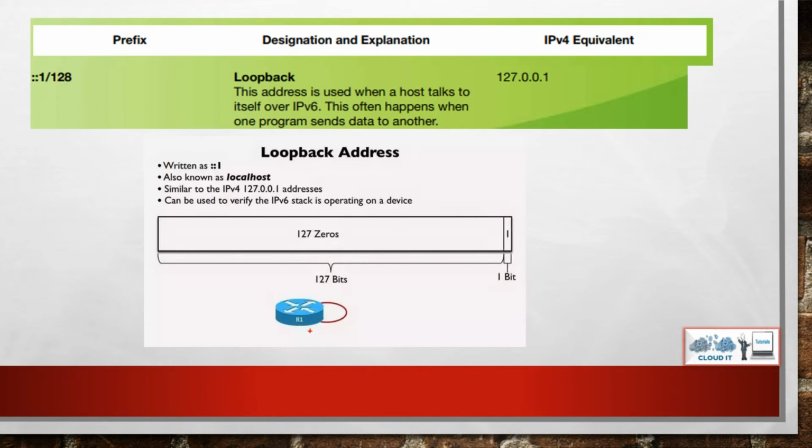When the data has to be transmitted within the router itself, in its one NIC card, or from the PC to its own NIC card, we use this loopback IP in IPv4 and IPv6. In IPv6, it is ::1.